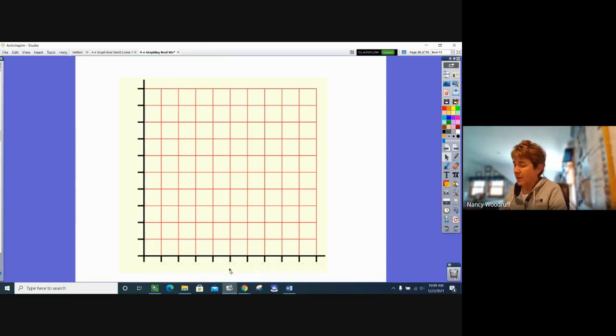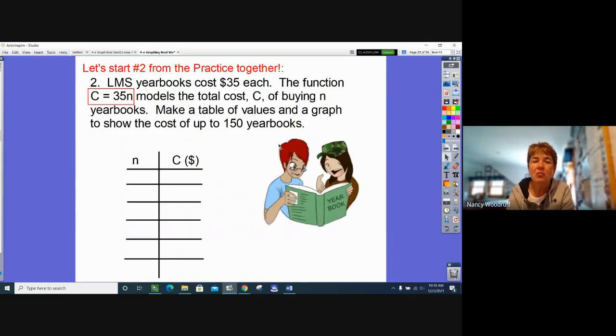Now we need to put our labels as to what the Y and X axis are going to represent. Now, one of them is going to talk about a cost, and the other one's going to talk about the number of yearbooks. And it does matter which one's which, so we have to think about which one is the independent variable and which one is the dependent. In this particular case, when we go back to the data, what numbers did you put in?